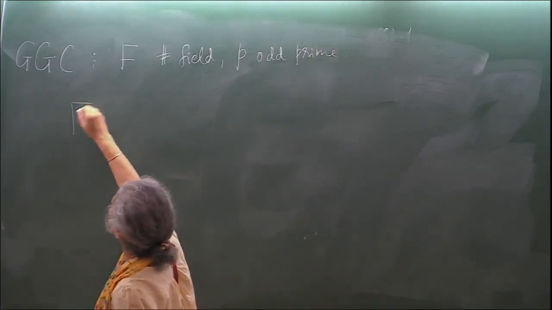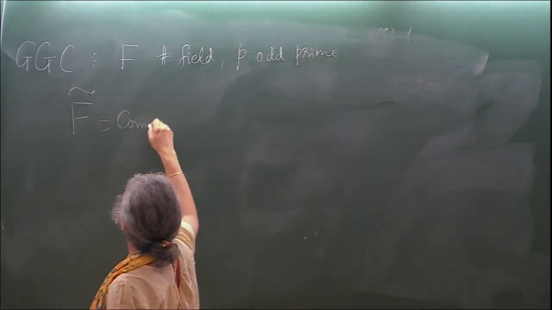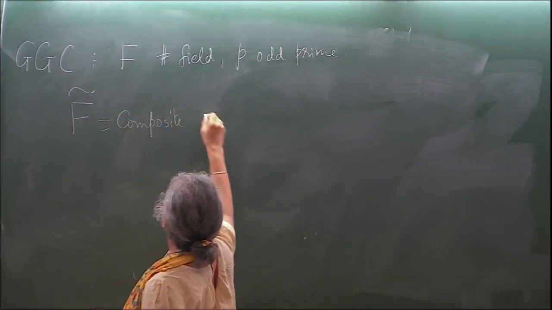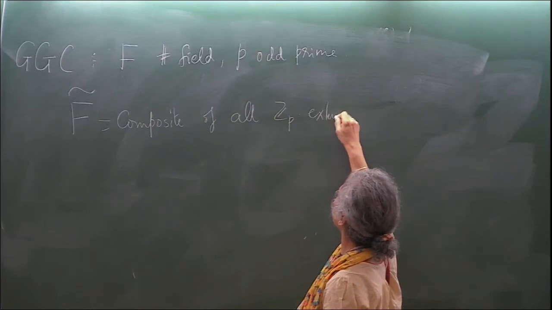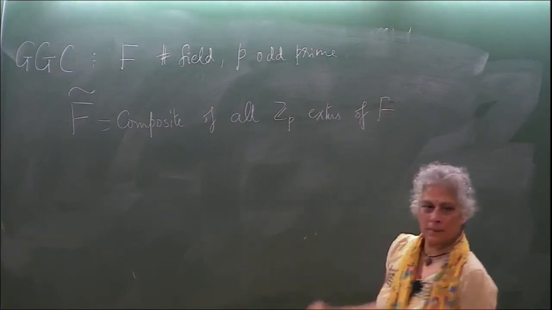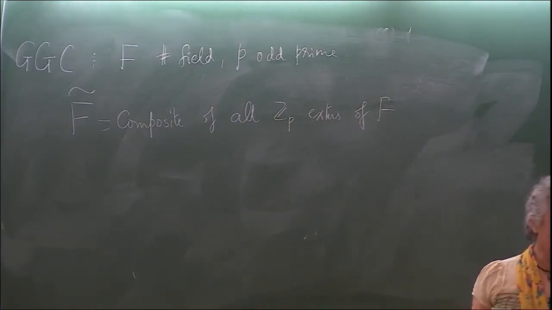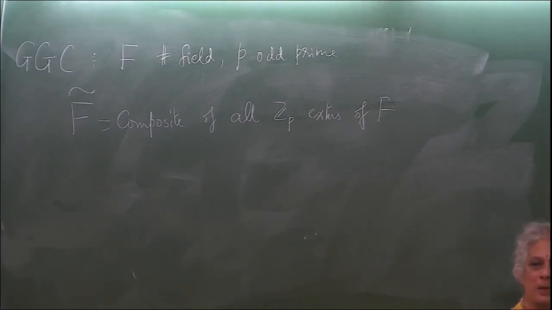Now F tilde is the composite of all ZP extensions of F. So you take, and of course Leopold, if you believe the strong Leopold conjecture, it's going to tell you how many ZP extensions there are.